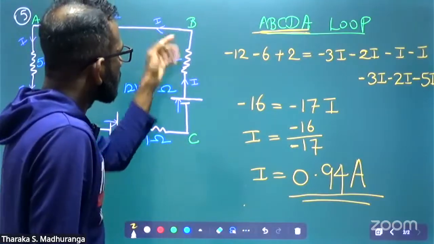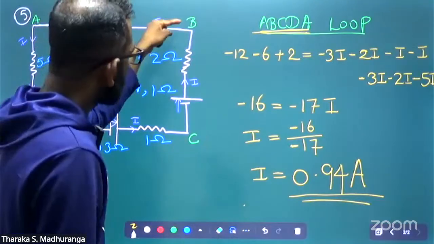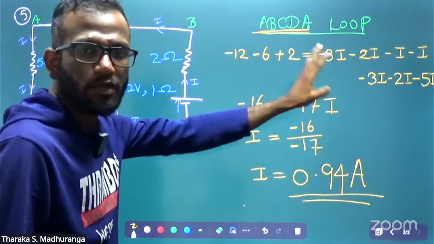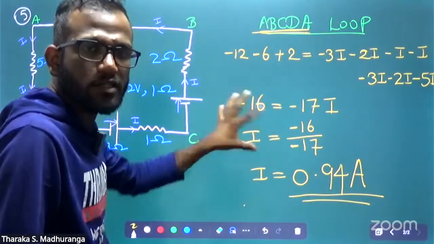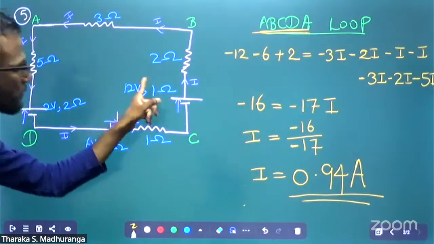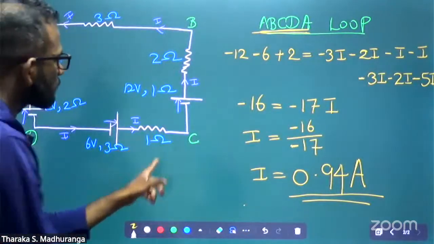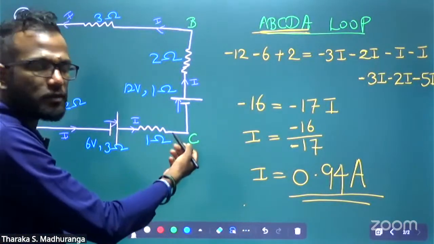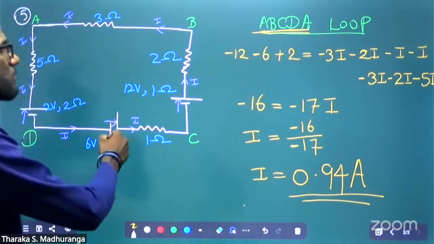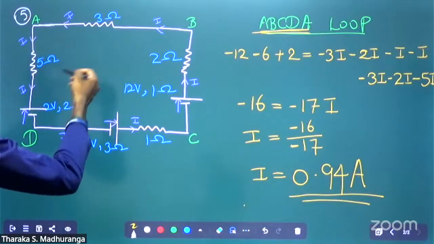But we consider B to C. Then minus 2I, because our direction and current direction are opposite. Same, minus 1I. C to D, minus, our direction and current direction are opposite, minus I. 1I means I. It is minus 3I. This one also minus 2I, minus 5I.